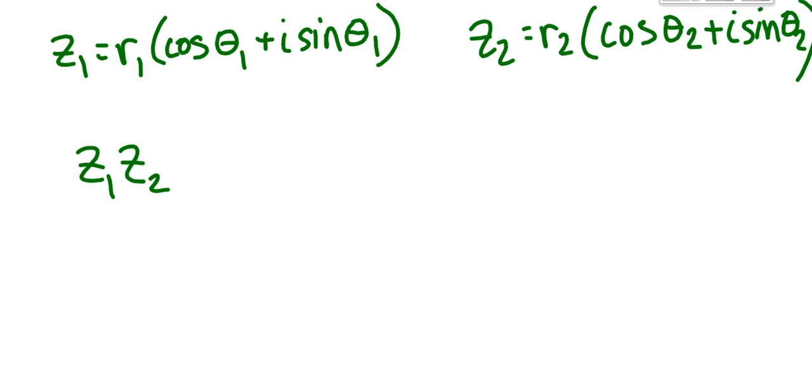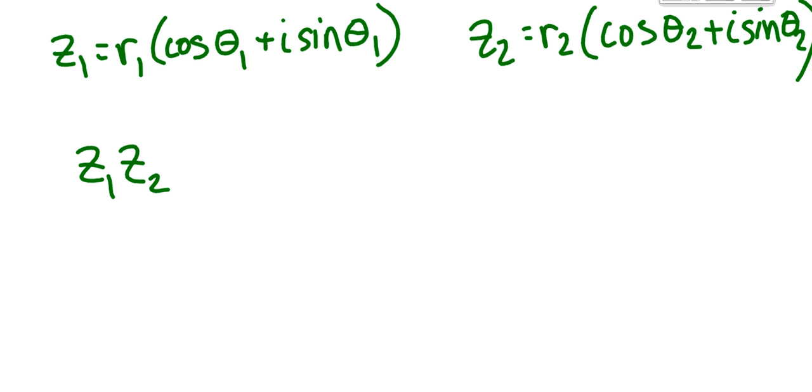Now, I just said we don't have to FOIL a lot of things out, but in this case, we're going to see what the answer is, and then we're going to look for a pattern. So if Z1 is R1 cosine theta 1 plus I sine theta 1, and Z2 is R2 cosine theta 2 plus I sine theta 2, I'm going to multiply those together, okay?